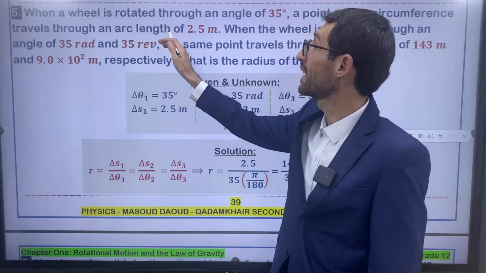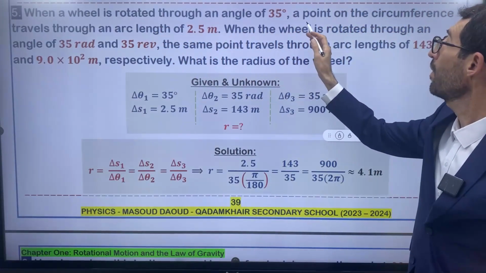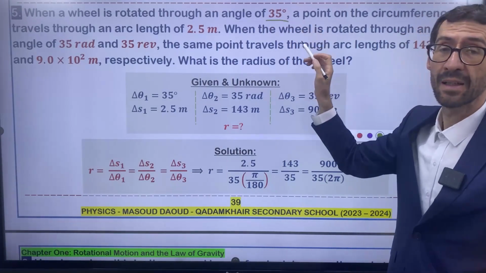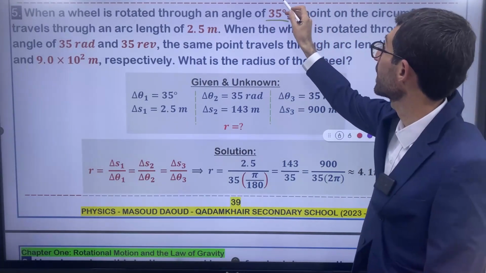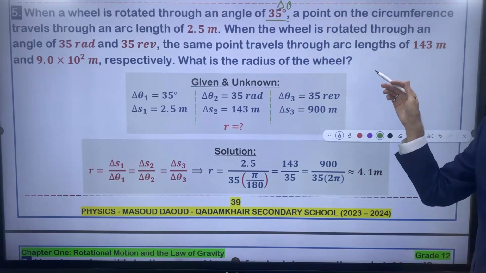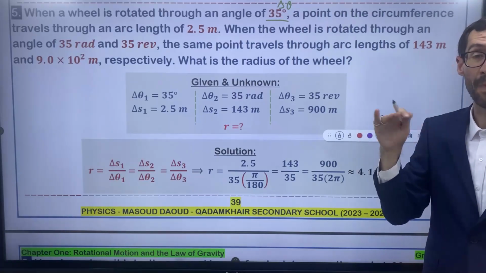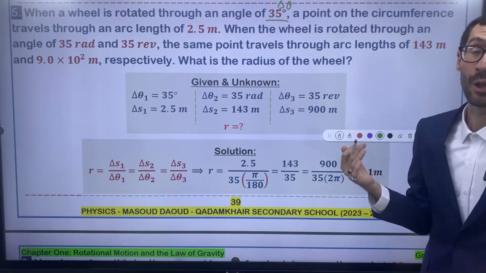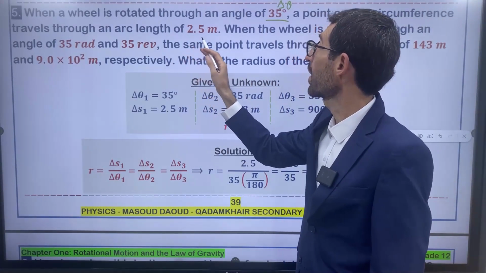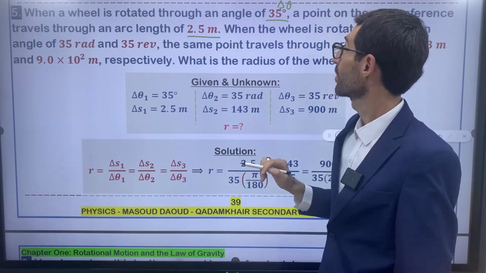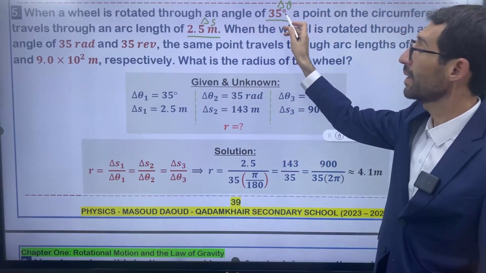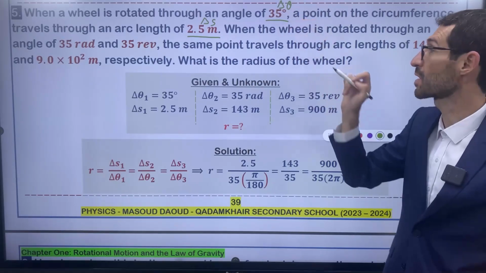When a wheel is rotated through an angle of 35 degrees, this is the first angular displacement, delta theta. A point on the circumference, meaning on the rim of the wheel or tire, travels through an arc length of this number. So this is delta S for this angular displacement.